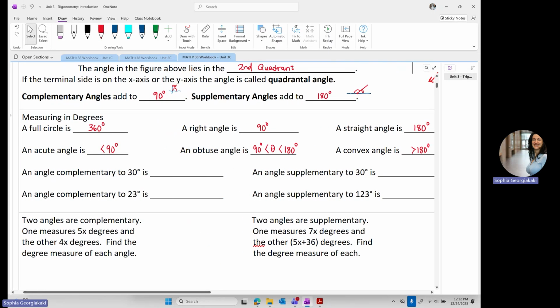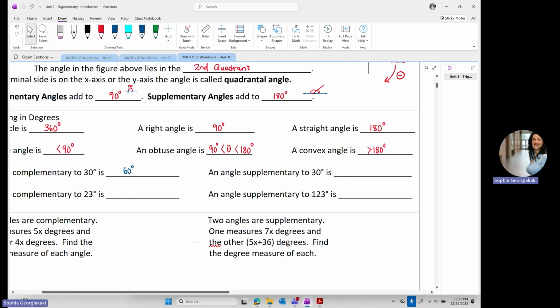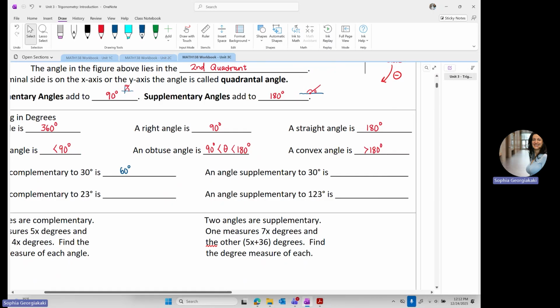An angle that is complementary to 30 is 60 degrees because 30 plus 60 will be 90 degrees. An angle that is supplementary to 30 will be 150 degrees because 150 plus 30 will give me 180 degrees.